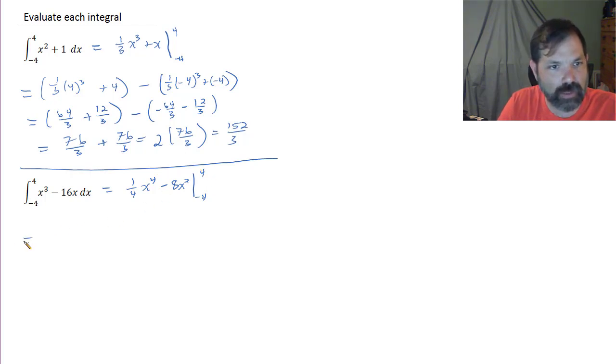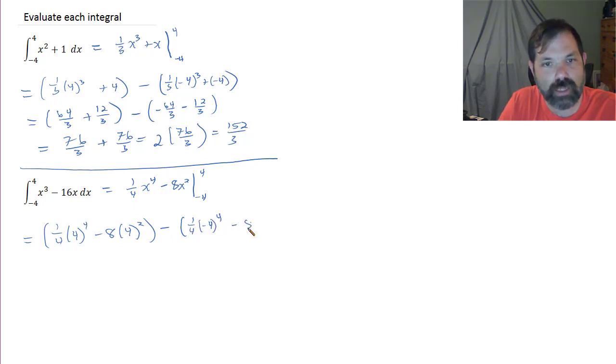All right, so making our substitutions, that would be 1/4 of 4 to the 4th minus 8 times 4 squared, minus 1/4 of negative 4 to the 4th minus 8 times negative 4 squared.